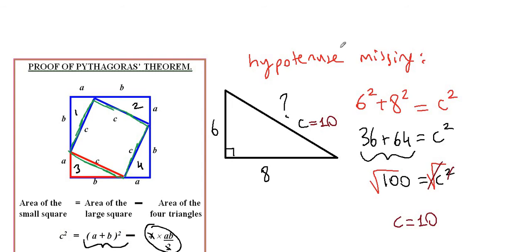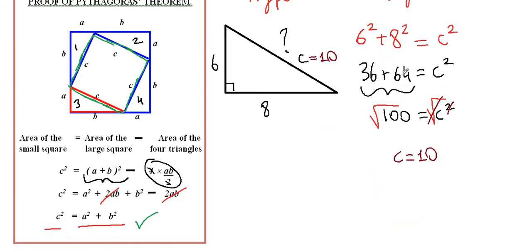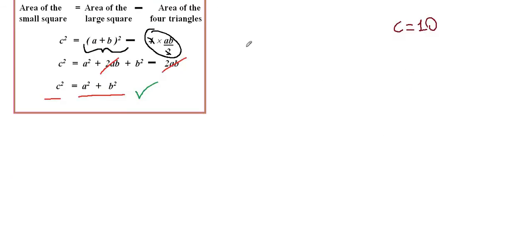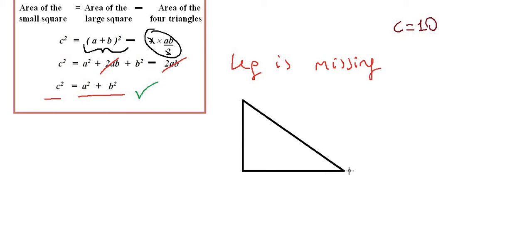Let's see how we can use this Pythagorean theorem if a leg is missing. Again, we're going to have a right triangle, and in this right triangle, let's say we have 14, we have 9, and this is missing.